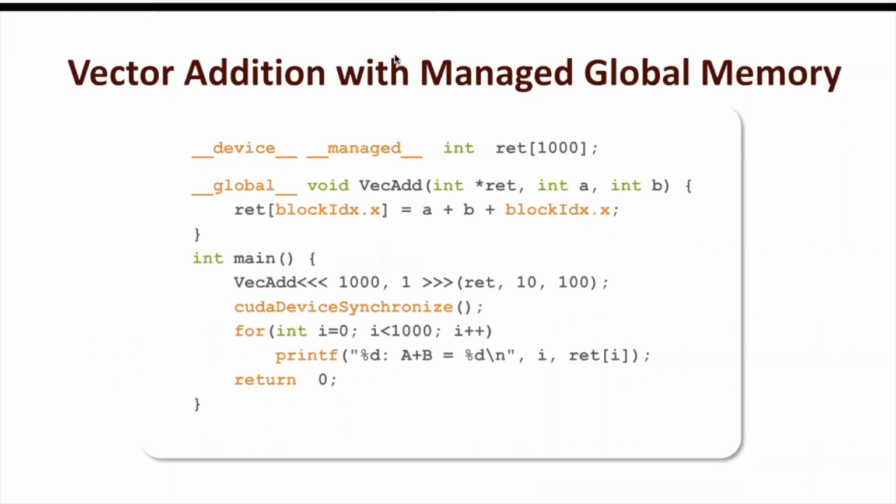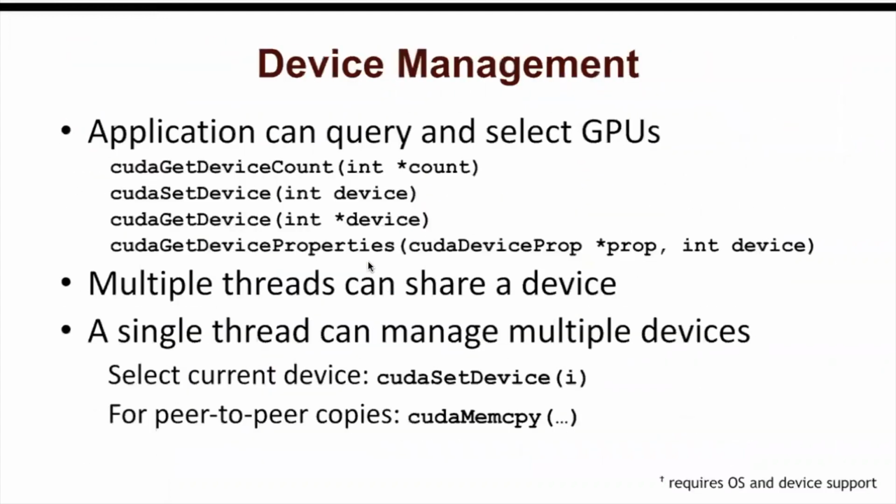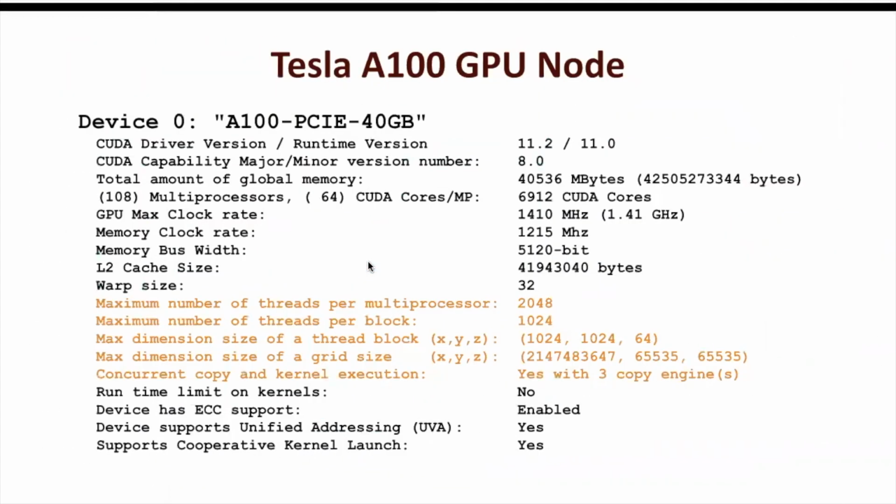Let me go back, because this is also relevant to another question someone mentioned previously. This is all the specs for the A100 GPU node. One thing you want to pay particular attention to is the number of threads per block, which is 1024.